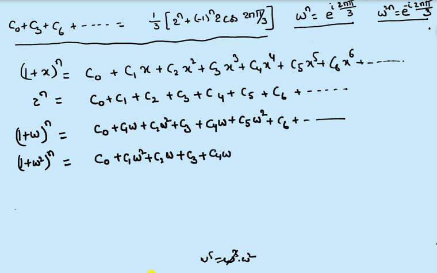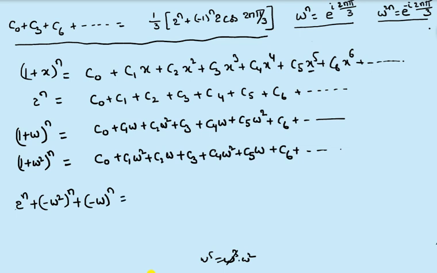Omega square only, plus c5 into omega power 10, omega power 10 can be written as omega, plus c6 omega power 12, multiple of 3, that's why it becomes 1, and so on. Now add all these, this addition is 2 power n plus 1 plus omega square whole to the power of n plus 1 plus omega whole to the power of n, yes or no?